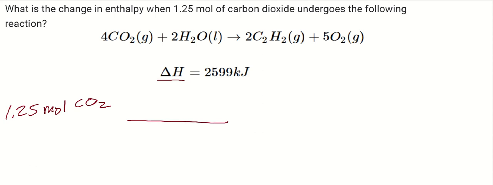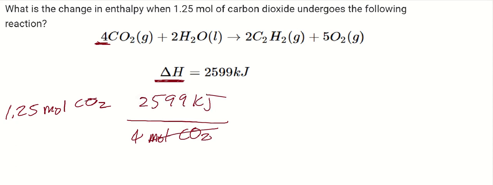So where's carbon dioxide? For every 4 moles of carbon dioxide, this is going to use up 2,599 kilojoules of energy. So the moles has to go on the bottom to cancel out the moles that we already have. And then that's going to require 2,599 kilojoules. Moles cancel out. 1.25 times 2,599.